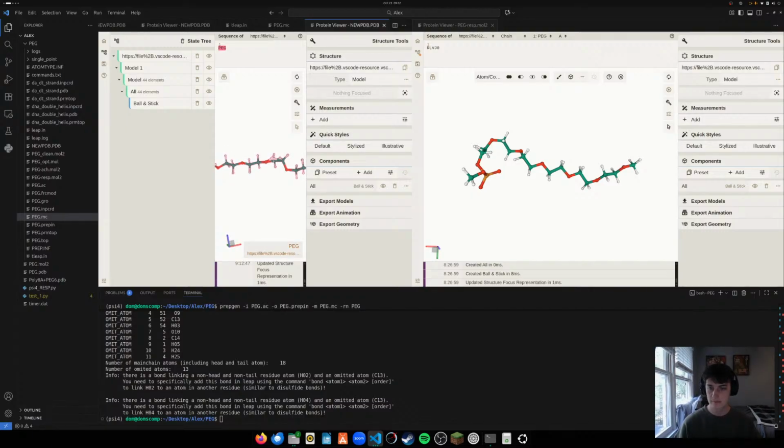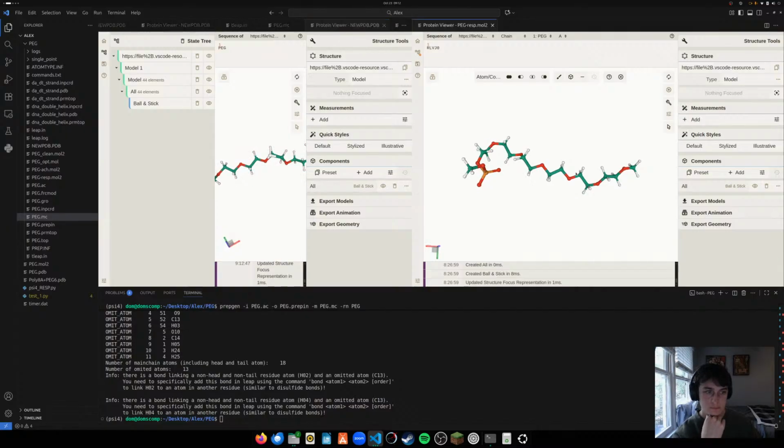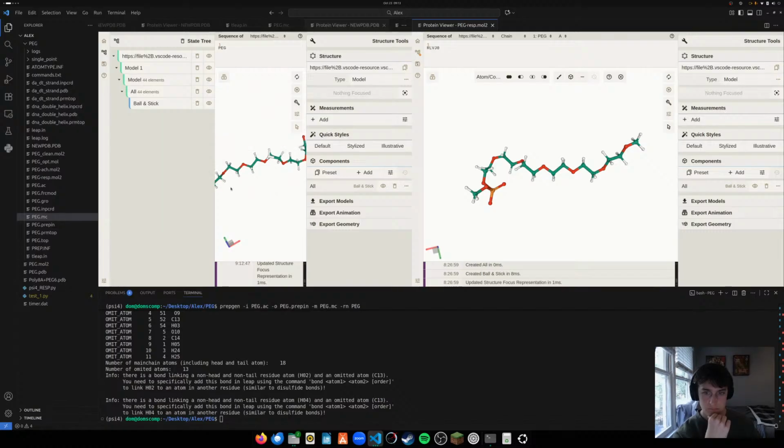Like, what is that? What could I be doing wrong? This is supposed to be connected to the ribose.